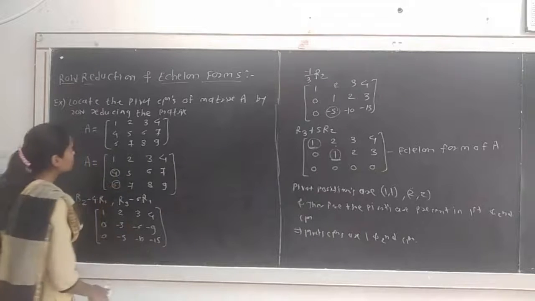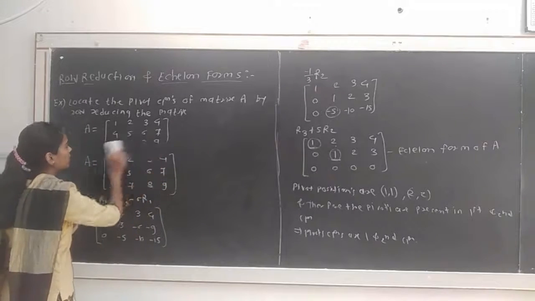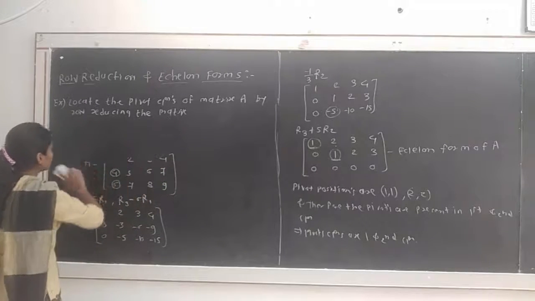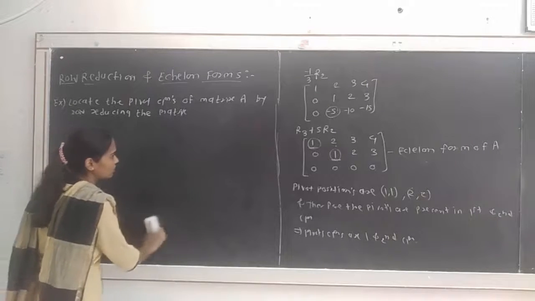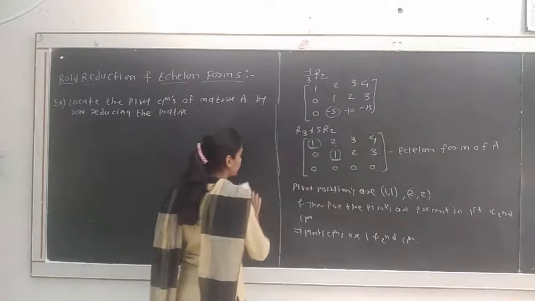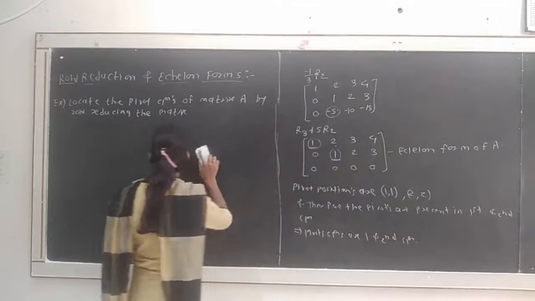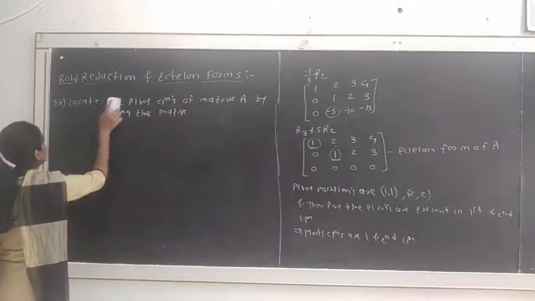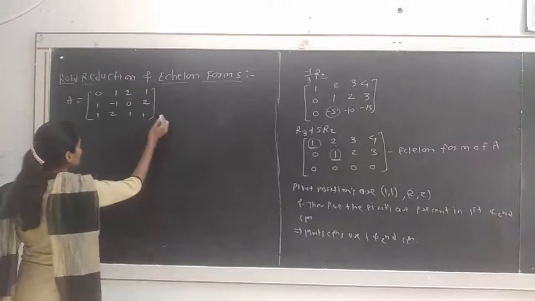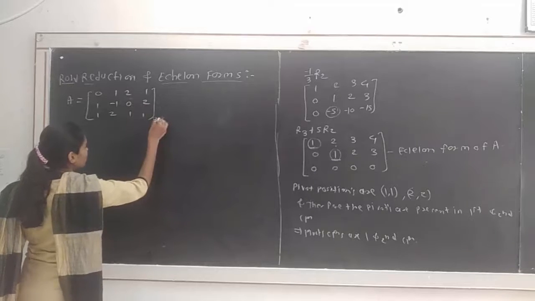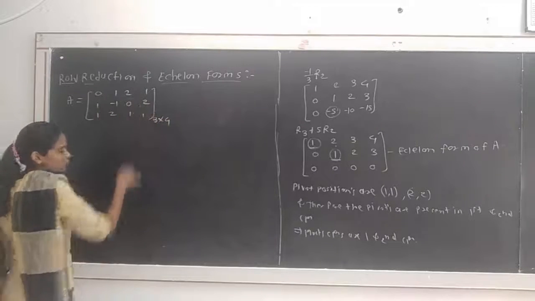Okay, then next, let us see how to obtain the reduced row echelon form from the given matrix. If we observe, this matrix is of order 3 cross 4, 3 rows and 4 columns.